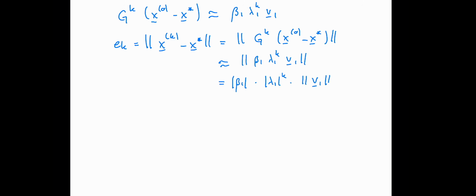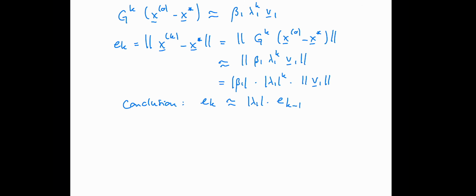So the conclusion is: e_k is approximately lambda 1 times e_{k-1}, because we have a similar expression for e_{k-1}.